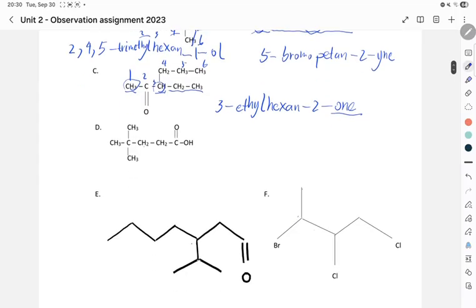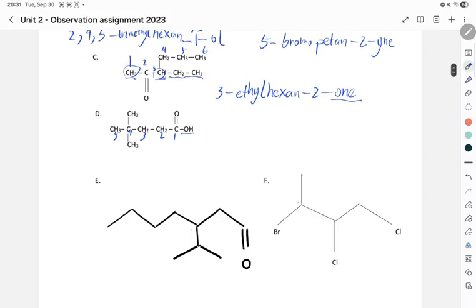For D, we need to identify the parent chain first. We notice that it has the functional group OH, so it should be a carboxylic acid. Number it 1, 2, 3, 4, 5, the longest chain. So the parent name should be pentane something.